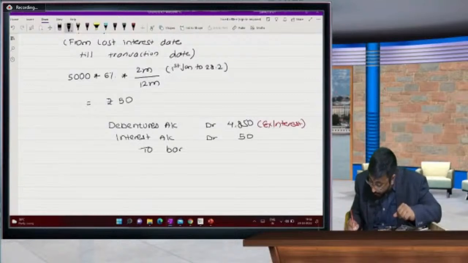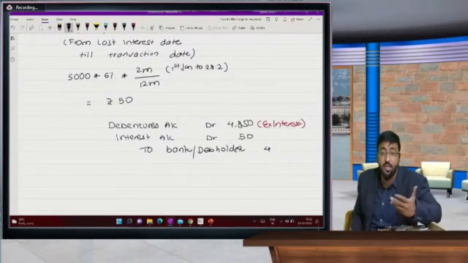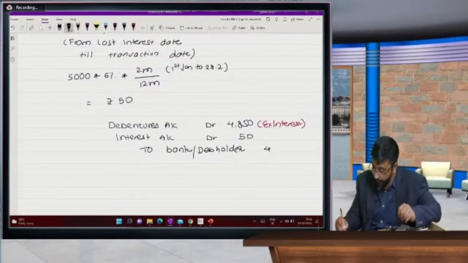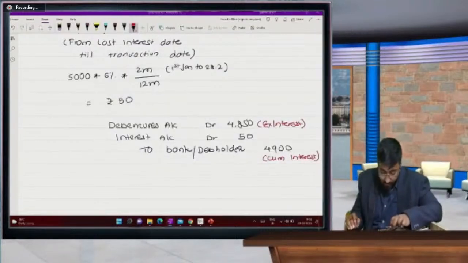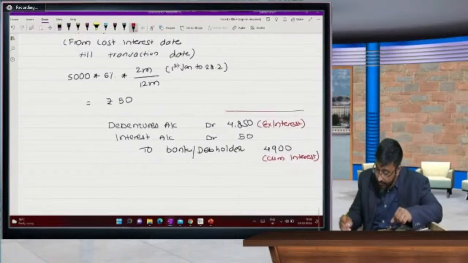And to bank or debenture holder, and then you will pass debenture holder to bank. So ultimately bank is credited 4900, always including cum interest. See, this is the entry.